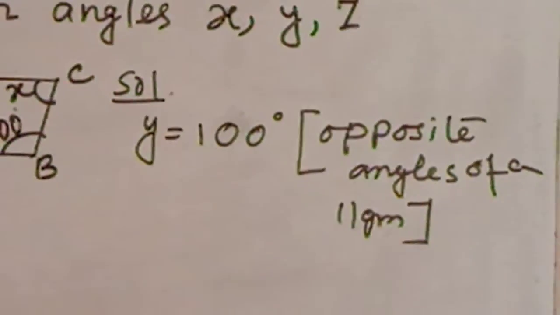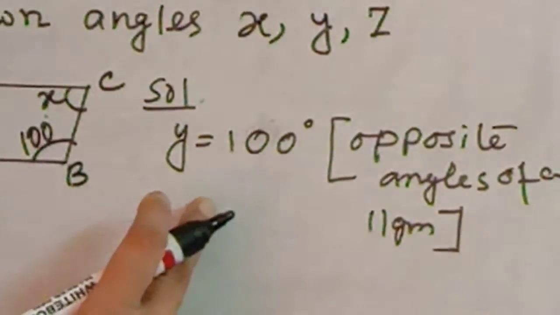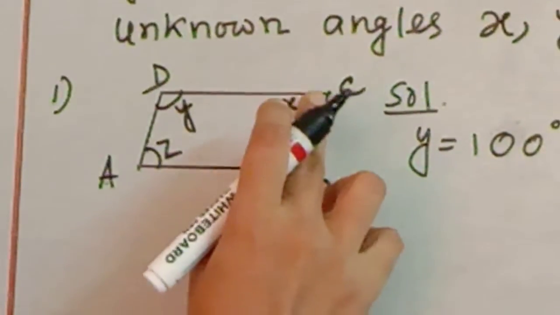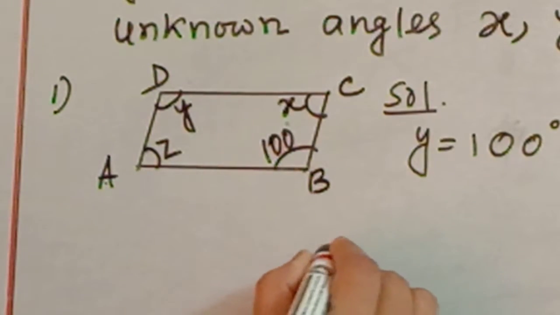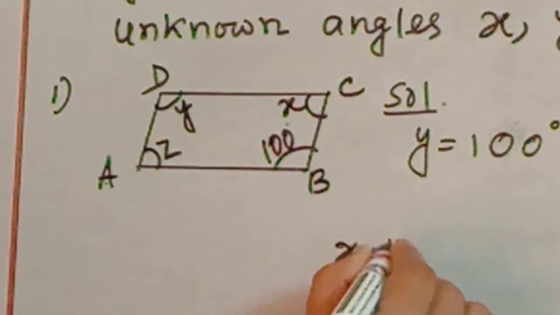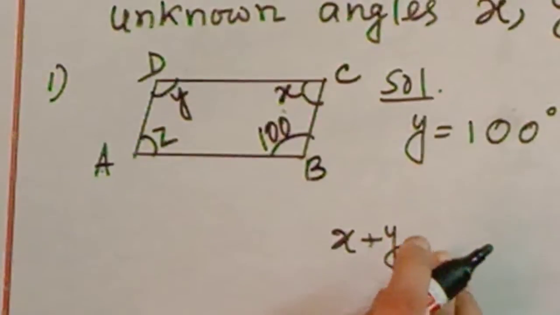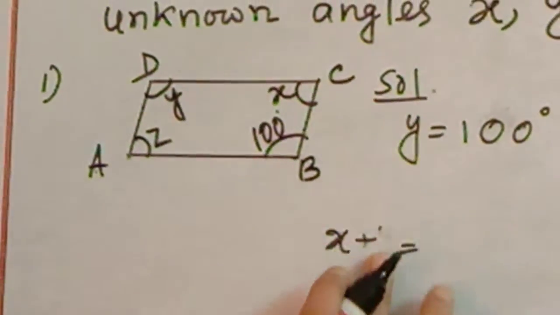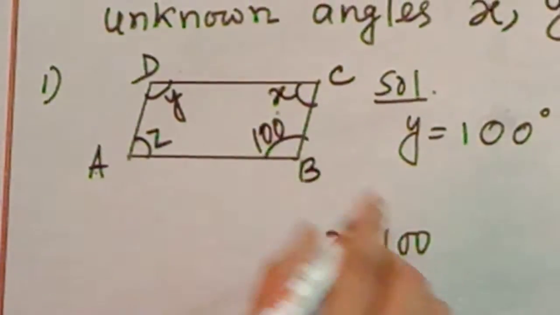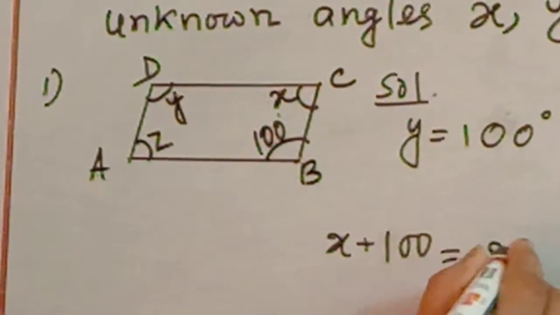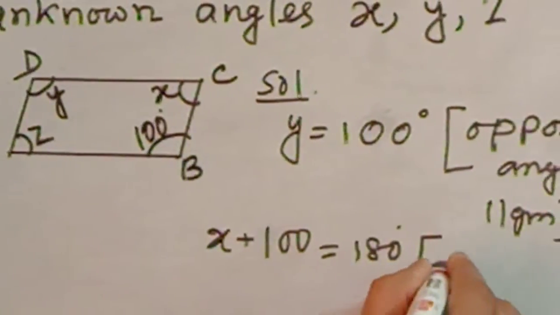Now y is equal to this, and you know that x and y are adjacent angles. So x plus y, or x plus 100, is equal to 180 degrees.